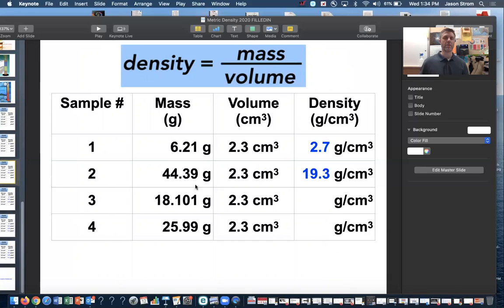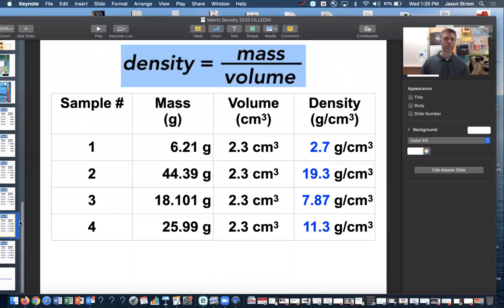What about the next one, number 3? 7.87. Good. 7.87. What about the last one? 11.3.